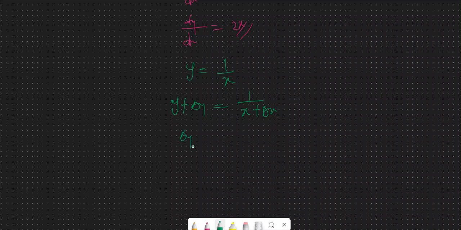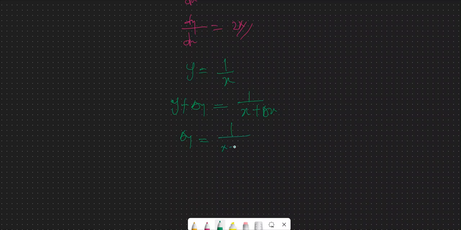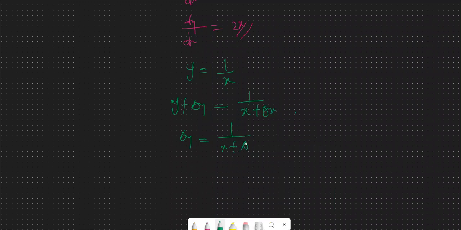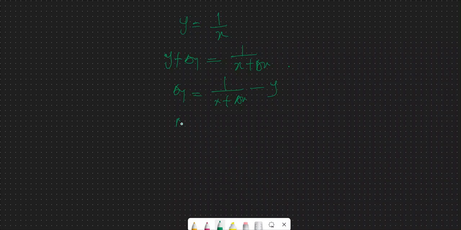So we have changing y equals 1 over x plus changing x, minus y here, right? So changing y equals 1 over x plus changing x minus y, which is what? 1 over x.